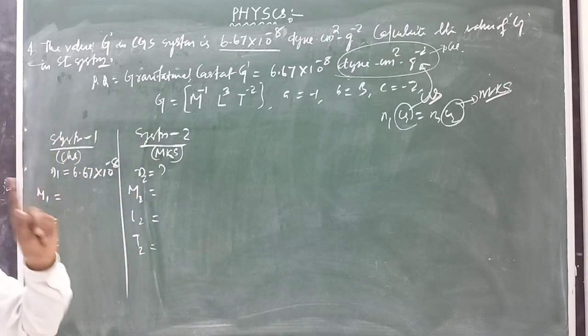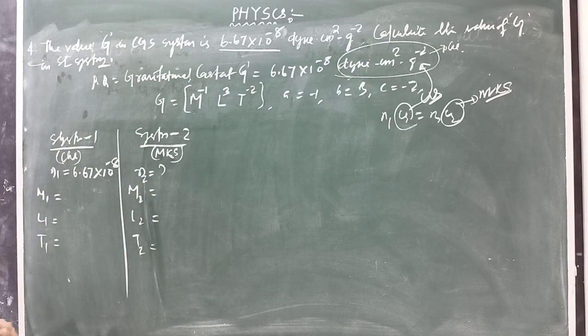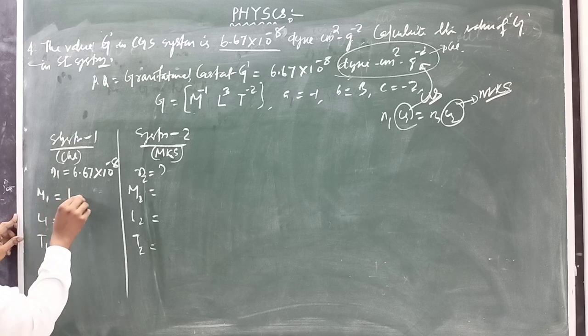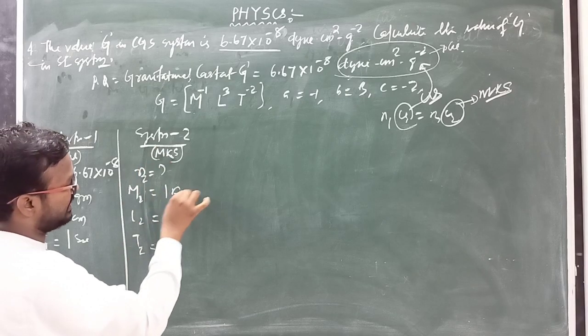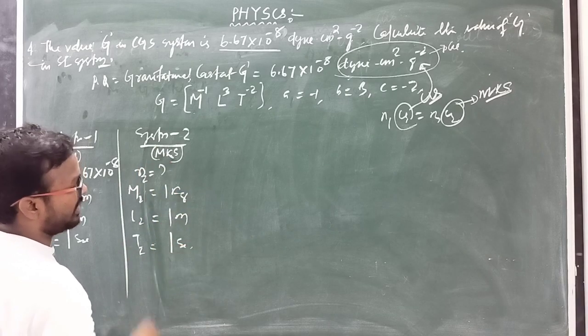So what is the CGS system and how can we write dyne, centimeter, gram? We already know that for a rational system of units we write 1, 1, 1. So here we can write 1 gram, 1 centimeter, 1 second. But in the MKS system, 1 kg, 1 meter, 1 second.